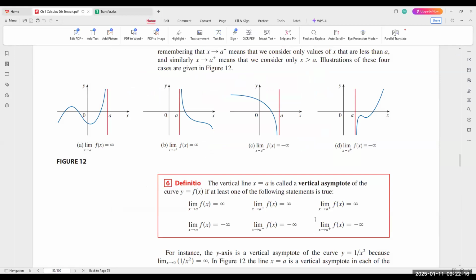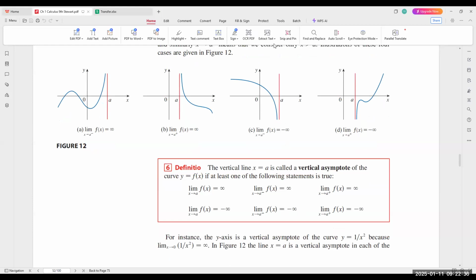In general, we call it a vertical asymptote if, as we get closer to that x, the value of the function goes to infinity or negative infinity, even if it is only from one side. How can that second one be a vertical asymptote when there's a point there? I just explained it.